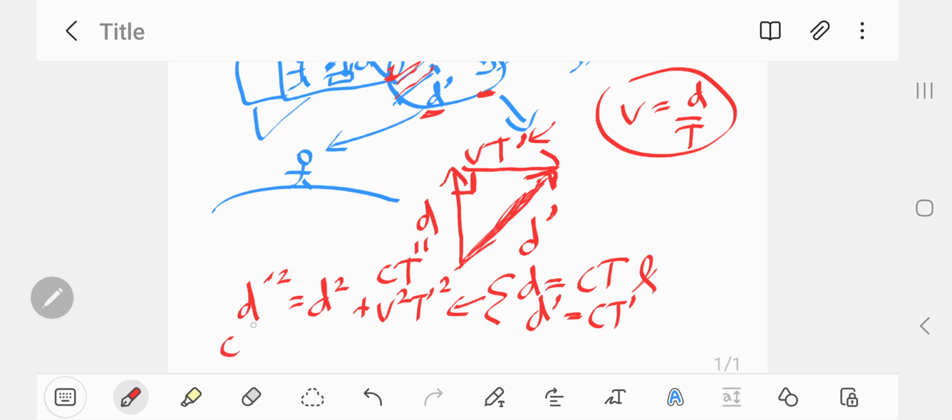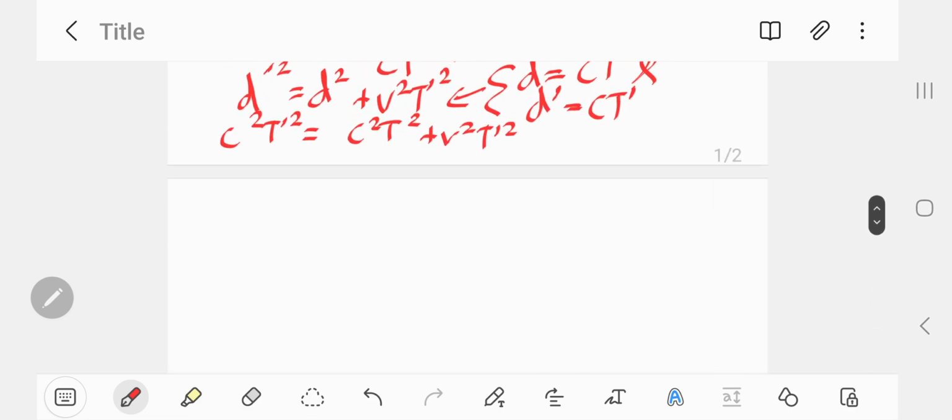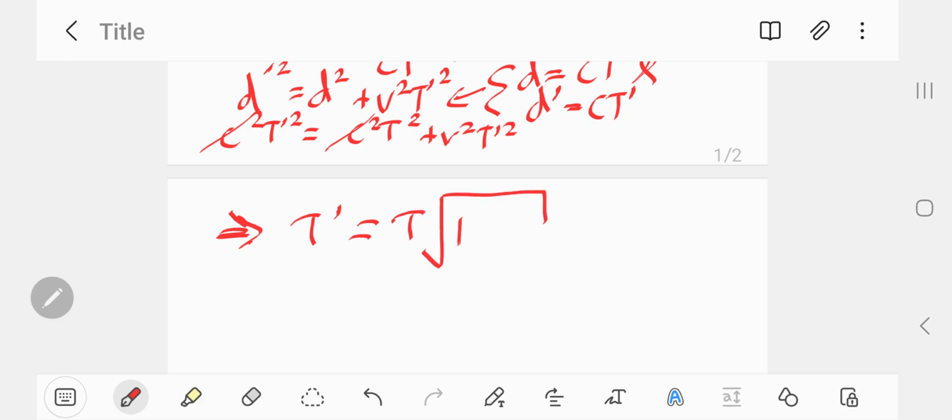So we now get C squared T dashed squared is equal to C squared T squared plus V squared T dashed squared. Now rearranging, cleaning this up a bit, the C squareds cancel out. If you rearrange for T dashed, what you get is something amazing: T times the square root of 1 minus V squared over C squared.